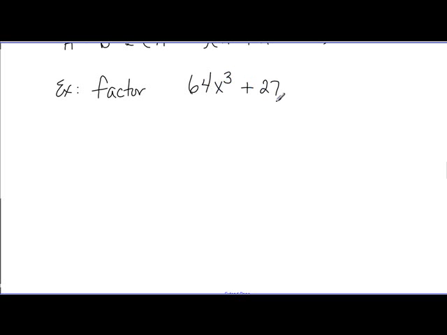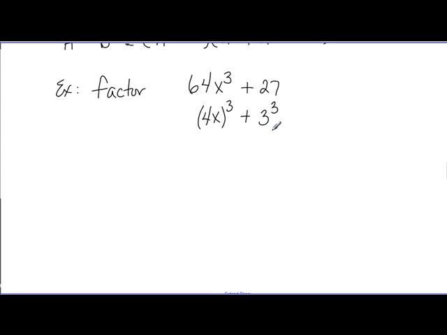Okay, now here's the way I'm going to think about this. 64 is 4 cubed. So that 64x cubed is like 4x all raised to the third power. 27 is 3 cubed, so it might be helpful to start by writing it that way. And then use your formula.